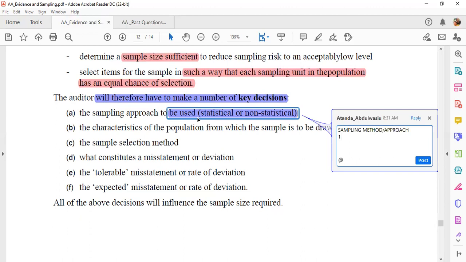We can have what we call statistical sampling, and we can also have non-statistical sampling. So the second one now is non-statistical sampling.